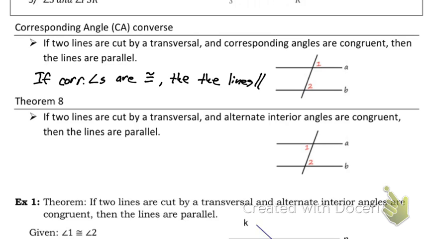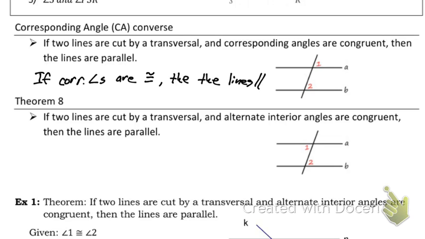Theorem 8 kind of works the same way. So let's look at our theorems. Theorem 8 says if two lines are cut by a transversal and alternate interior angles are congruent, then the lines are parallel.